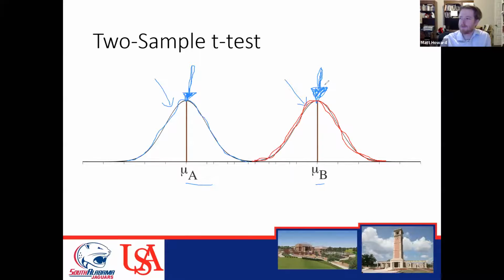So we probably would expect these differences to be statistically significant.